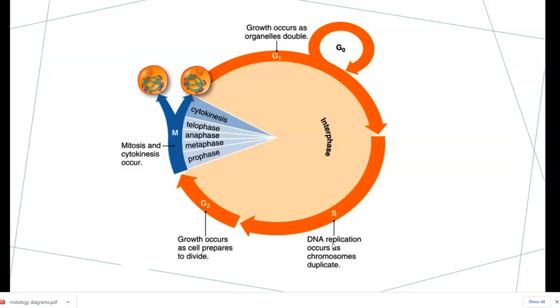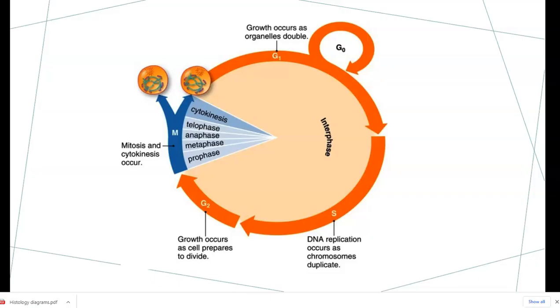So what we end up with, and I'm not going to go through DNA replication in detail, that's something for a biology class, but what we start with are single-stranded chromosomes. And those single-stranded chromosomes, through this process of DNA synthesis, are going to form double-stranded chromosomes.